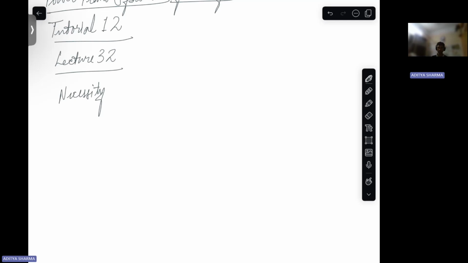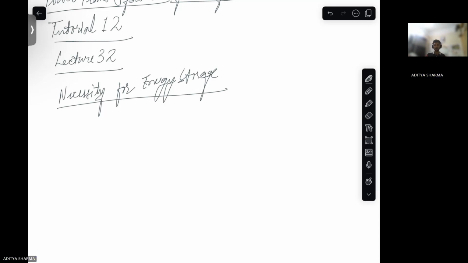So what is the necessity? Necessity basically is that at times we have some power plant system, at times the demand is high and at times the demand is low.